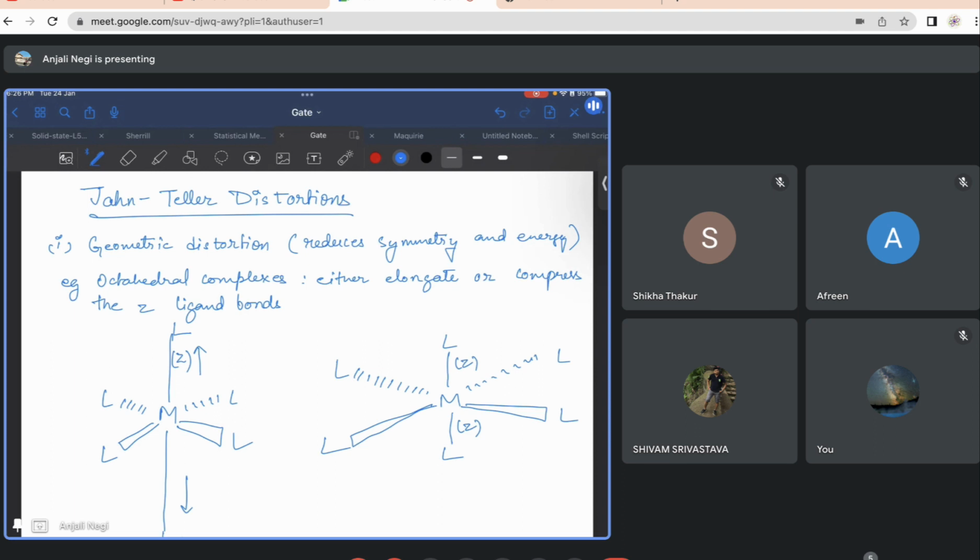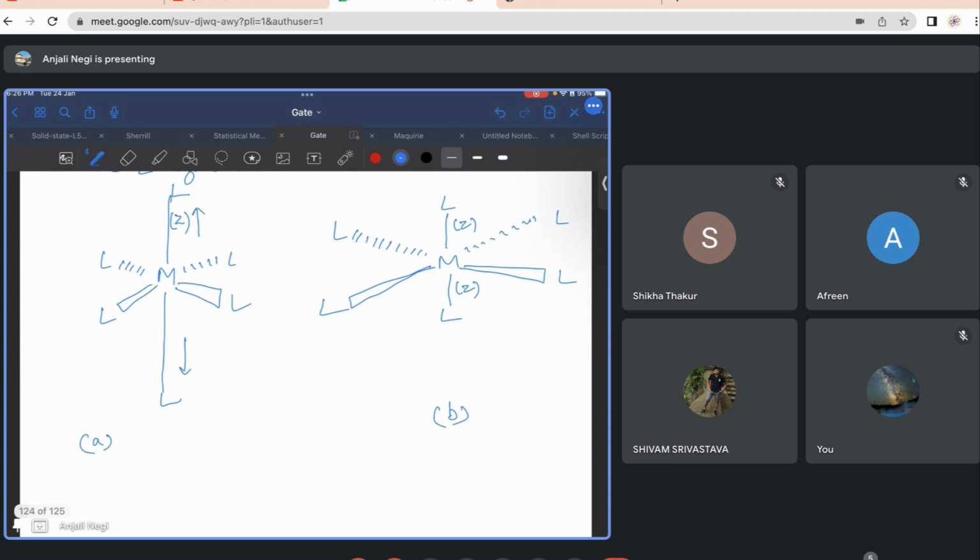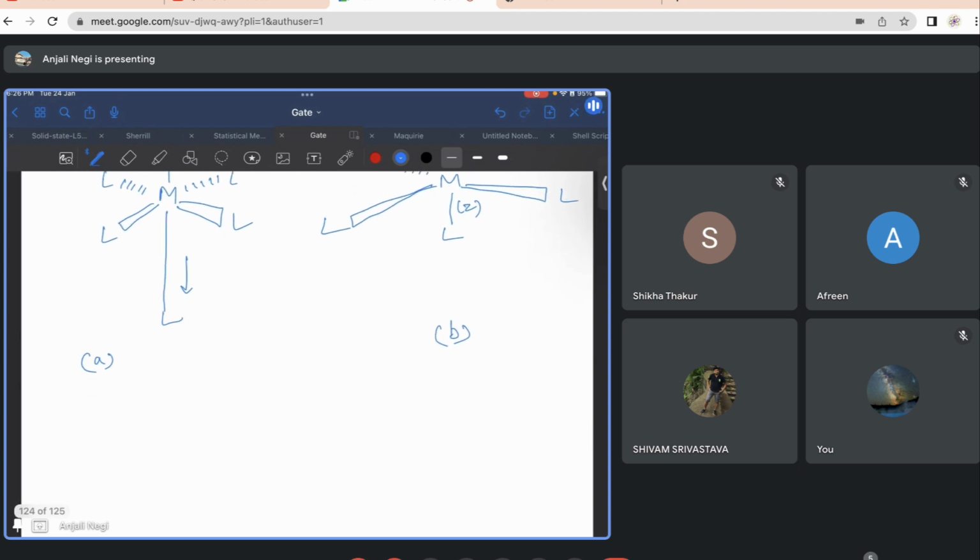Now to understand why this happens, let's go with the theorem given by Hermann Jahn and Edward Teller in 1937.